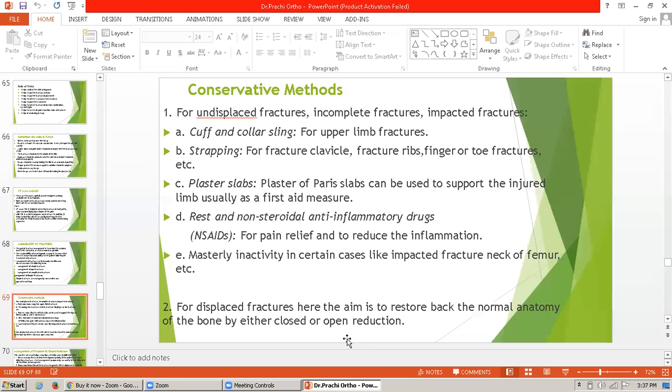So when there is an undisplaced fracture, cuff and collar sling, strapping, plaster slab, rest and NSAIDs are useful. But when there is a displaced fracture, then closed reduction or open reduction is required.